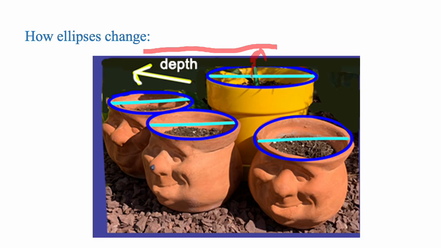When the two smiling flower pot men, I never thought I'd say those words, recede in the distance, the ellipses follow a diagonal direction toward depth, and these ellipses narrow more gradually since they follow a longer diagonal course toward eye level. Now this flower pot seems to be tilted toward us because its ellipse is much wider than the others, and this is due to lens distortion since they're all on level ground.